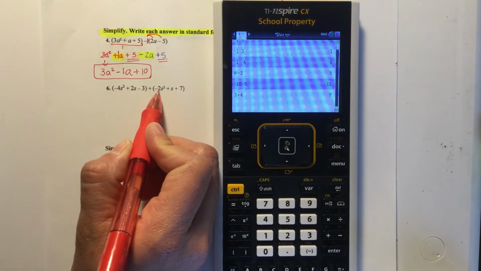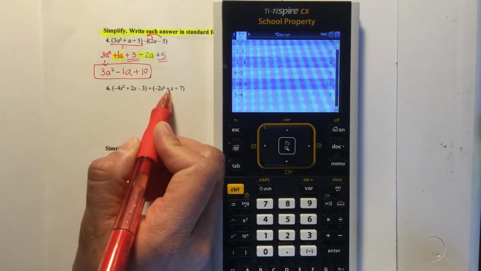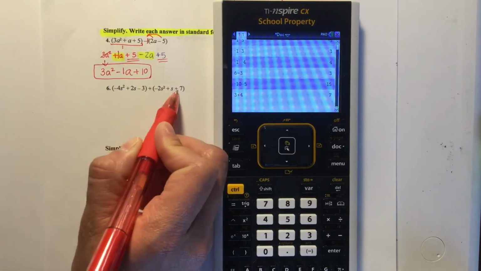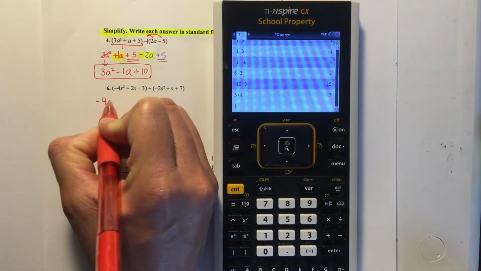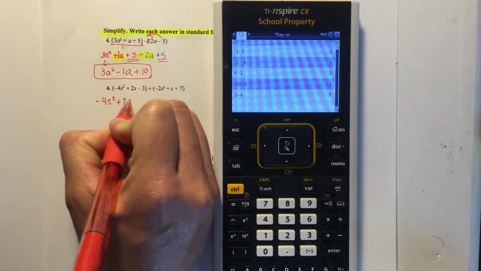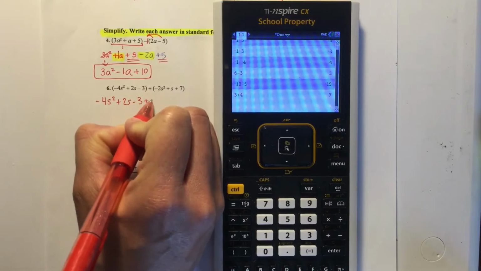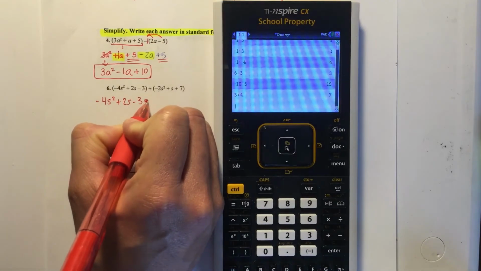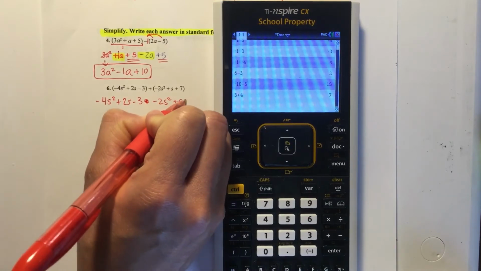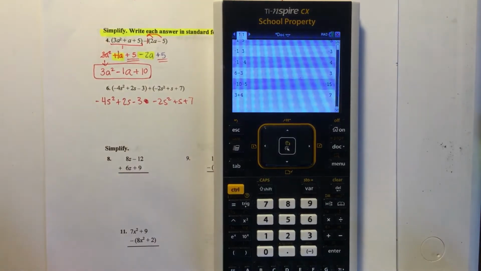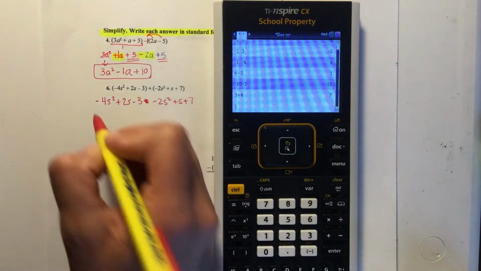A positive times a negative is still a negative. A positive times a positive is still a positive. Positive times a positive is still a positive. So you just combine them the way they are. Negative 4s plus 2s minus 3 plus, minus 2s plus s plus 7. Now you combine your like terms.